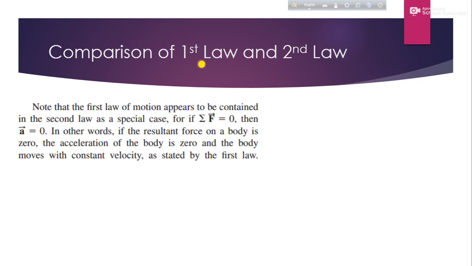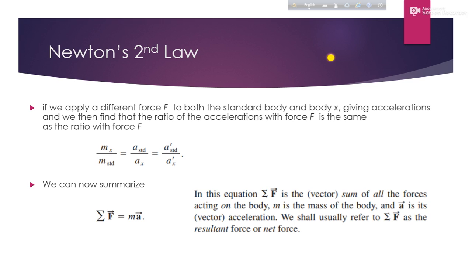Now let us compare the first law with the second law. In the second law, if you put a equal to 0, or F equal to 0, then what will happen? m is not 0, because we always have some quantity of the specified body. So if F is 0, that means a is 0.